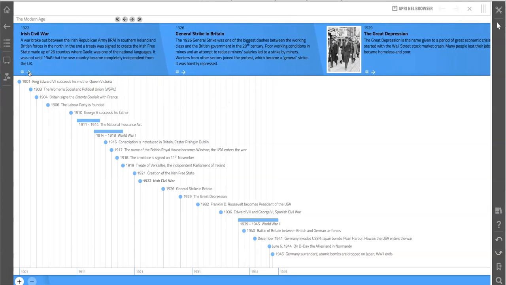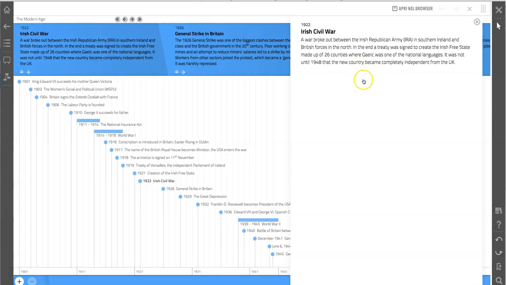And let's see now the Irish Civil War, 1922. A war broke out between the Irish Republican Army, IRA, in Southern Ireland, and the British forces in the north.